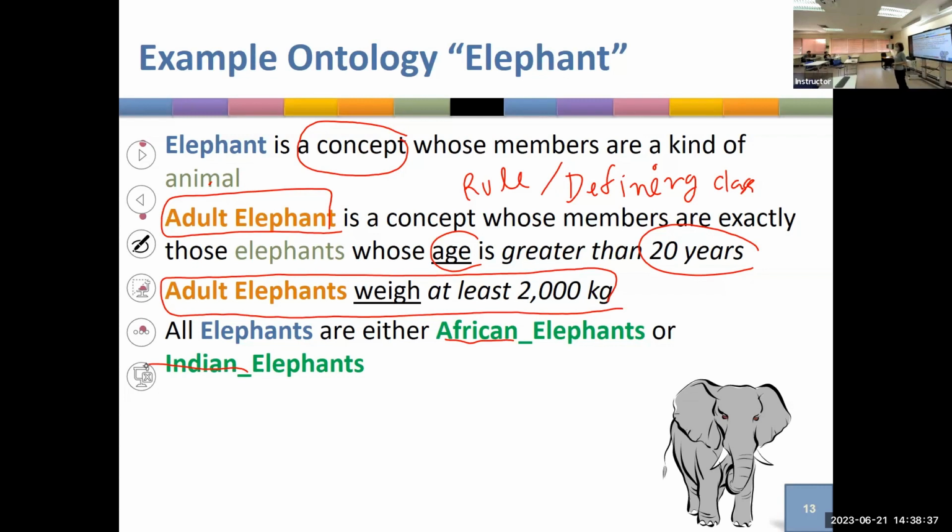Not only geographically. If I show you photos of elephants, can you tell me this is African or Indian? Not sure. Aha, interesting. Do you know how African and Indian elephants are different?